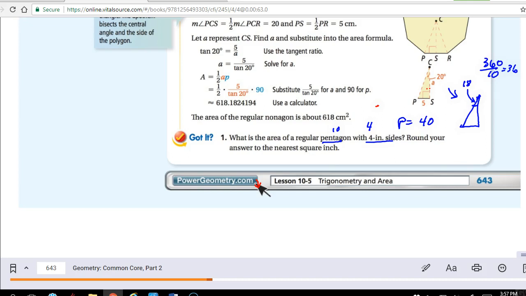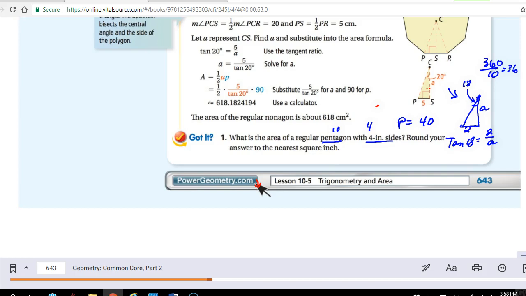I know also that if this is a 4-inch side, this is a 2 right here. But I'm looking for my apothem. So for the same reason, I would say the tangent of 18 is equal to 2 over A, opposite over adjacent. Okay.